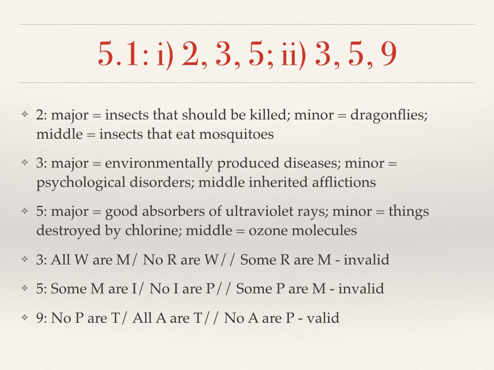And in this case it does not, so you have all W are M, first premise, no R are W is the second premise, and the conclusion some R are M. It violates the distribution rules, so it's invalid.